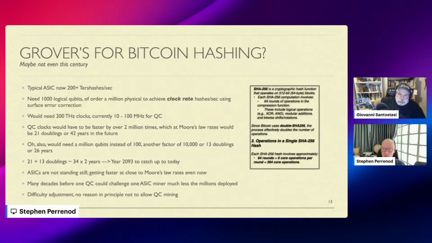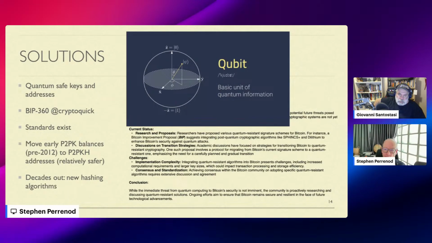Okay, so let's move on to Shor's algorithm, the more important of the two. What you need there is quantum safe keys and addresses. And there is now a Bitcoin improvement proposal that would implement those. It just got a number in the last 24 hours, and the number is 360.